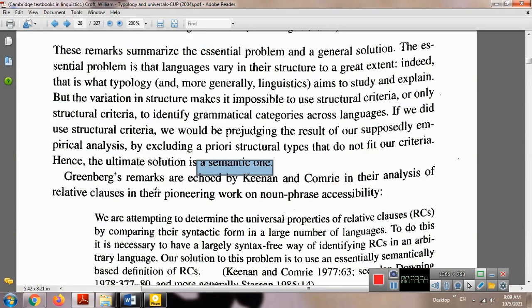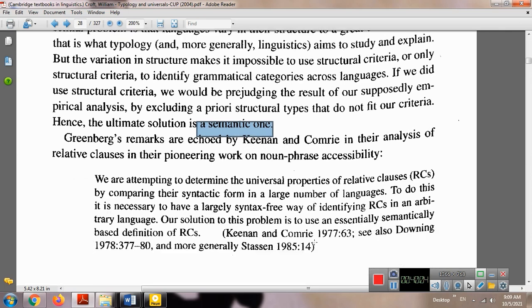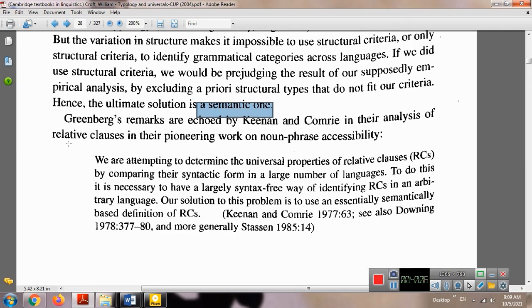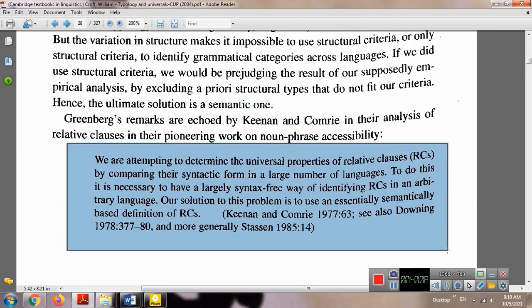Greenberg's remarks are echoed by Keenan and Comrie in their pioneering work on noun phrase accessibility. We are attempting to determine the universal properties of relative clauses by comparing their syntactic form in a large number of languages.